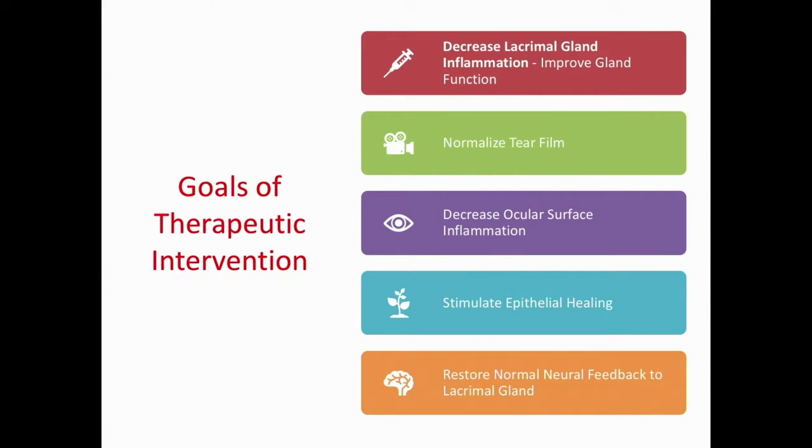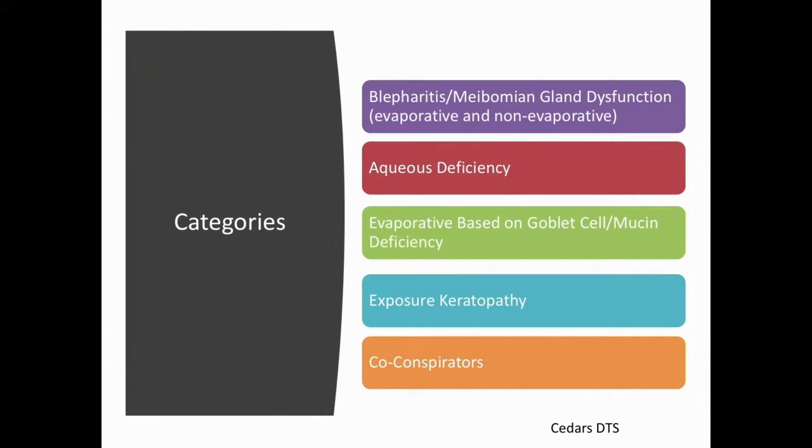The goals of therapeutic intervention are to normalize the tear film, decrease lacrimal gland inflammation, decrease ocular surface inflammation, stimulate epithelial healing, and restore the normal neural feedback mechanism to the lacrimal gland.